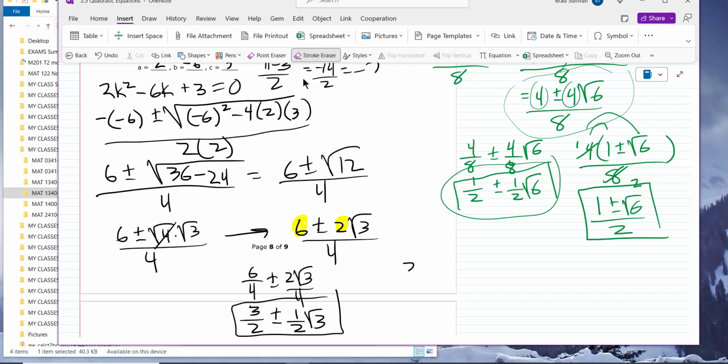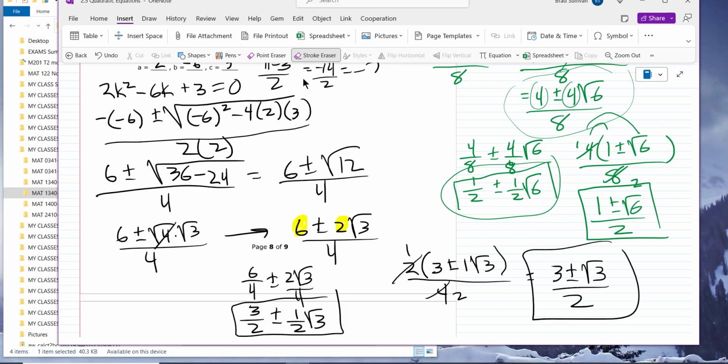So if you take a 2 out, you'll have 2 parentheses, 3 plus or minus 1 root 3. You don't have to put the 1 there, though, over 4. Then you can reduce the 2/4 to 1/2. So you could write the answer as 3 plus or minus root 3 over 2. And you need to understand that these two answers are the same thing.